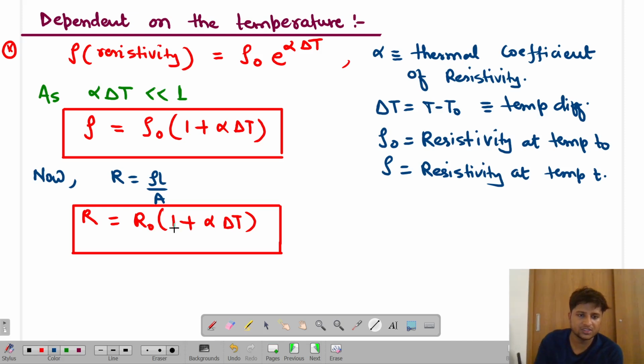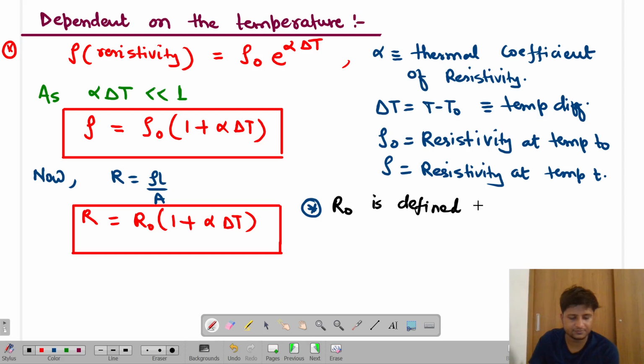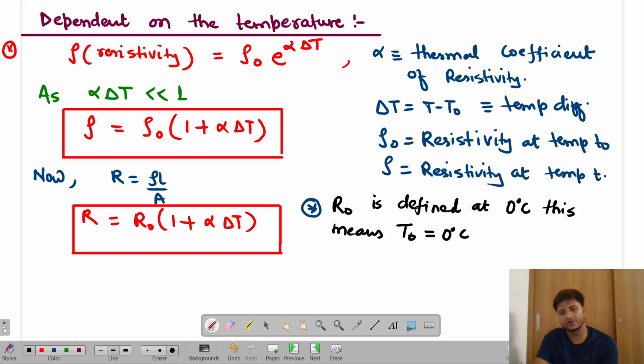So look over here. The question arises, what is this R naught and T naught? Remember that there is a reference for this R naught. R naught is defined at 0 degree centigrade. This means that T naught must be equal to 0 degree centigrade or 273 Kelvin.